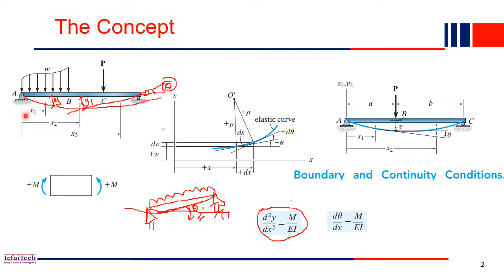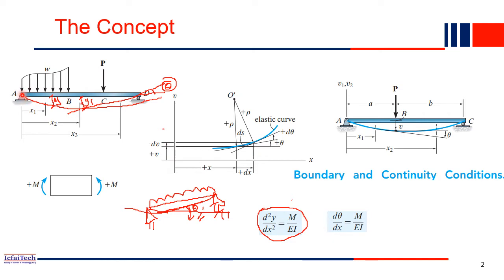There is no moment reaction in the hinge support. So the deflection will start from the support itself. Here it is 0, but the slope starts from here itself. So at the support, the slope is not 0. If you draw a tangent at this point, you will still get some value.